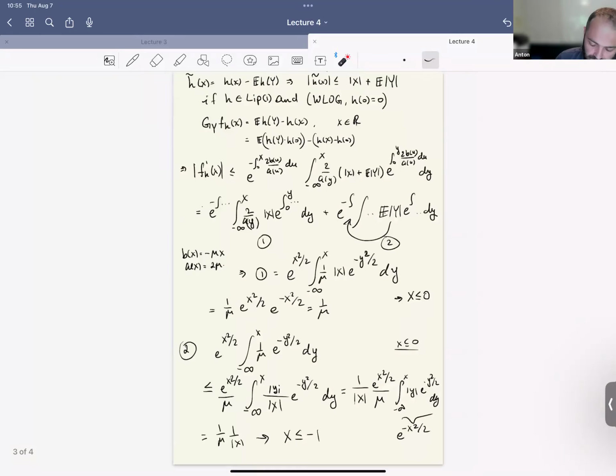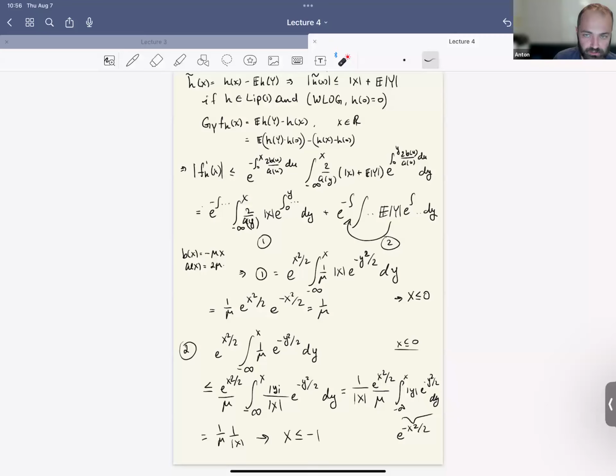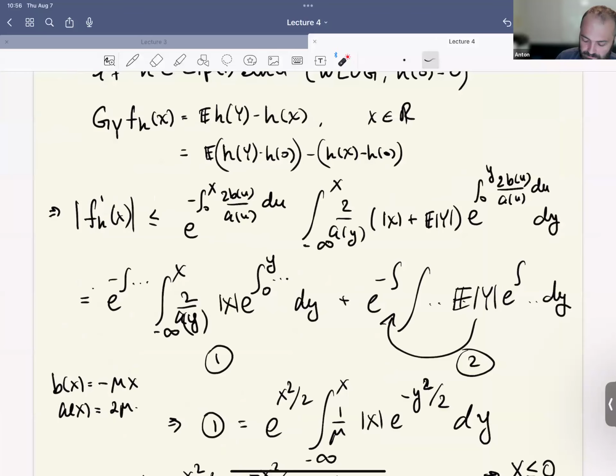Okay, now I want to go back. So we finished the first derivative bounds. But before I move forward, I want to say, how do you bound the generic case? Or what can you do in the generic case? Because in the generic case, you still have term number one and term number two.